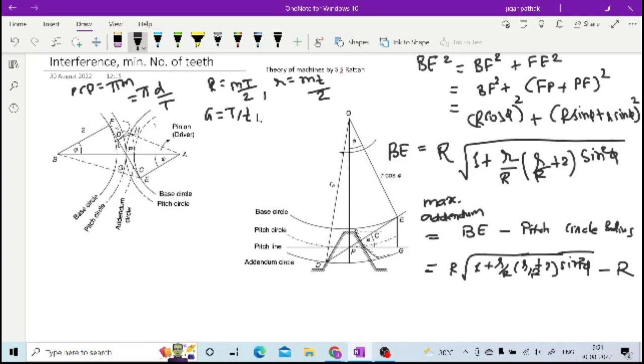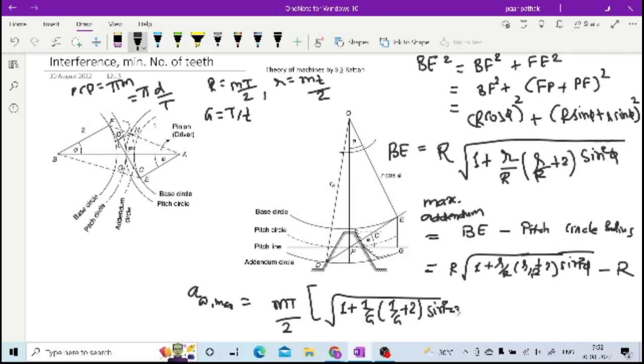Once you put all these values in this equation for maximum addendum, you will find that the maximum addendum is coming as mt by 2, in brackets, root of 1 plus 1 by capital G, 1 by capital G plus 2 sine square phi, minus 1. So this is how you have your maximum addendum.